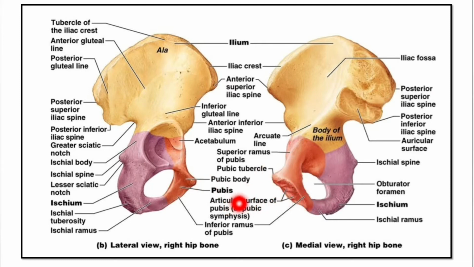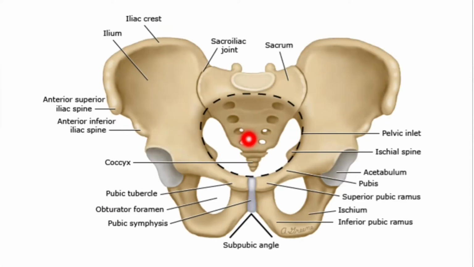These two will make the pubic symphysis. I will show other features as we dig deeper. This one is the anatomical position. This is the sacrum, and you can see the right and left hip bones.